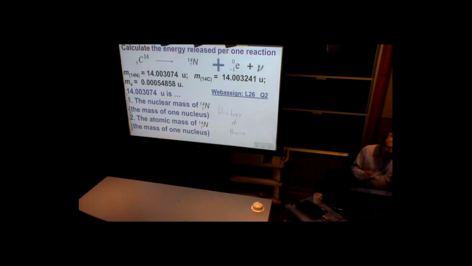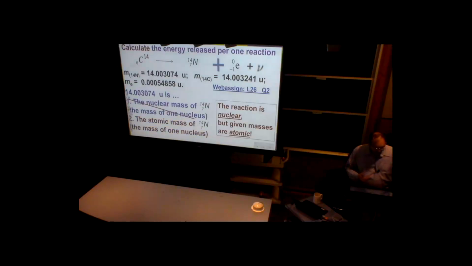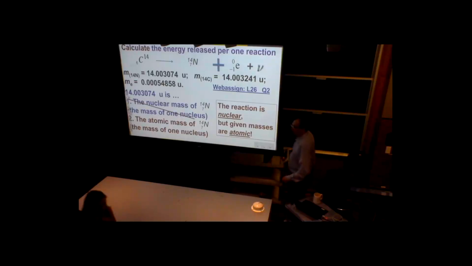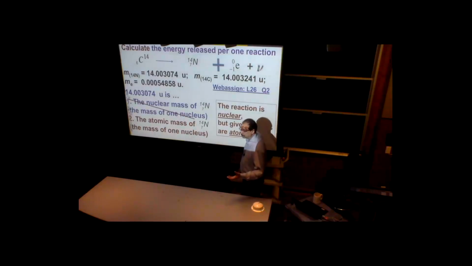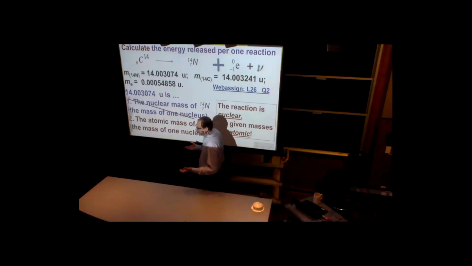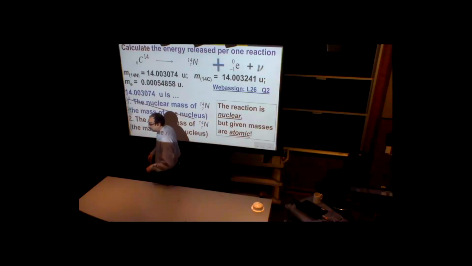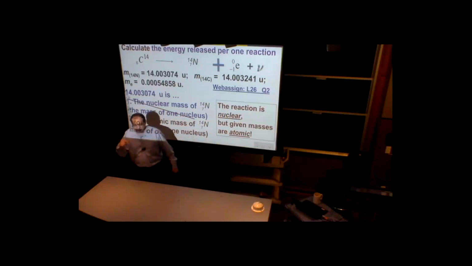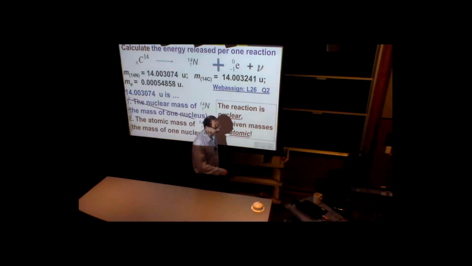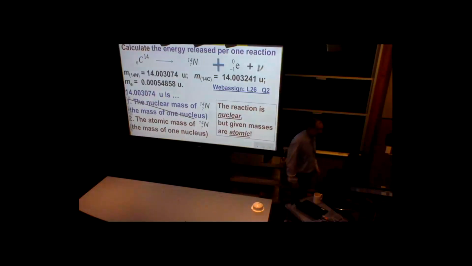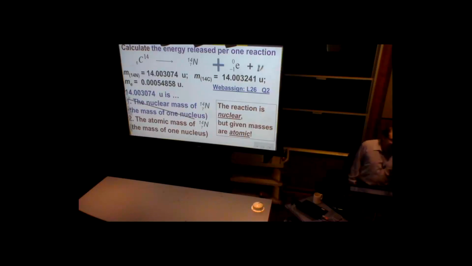However, the numbers which are presented to us are atomic. And the difference between a mass of an atom and the mass of a nucleus is equal to the mass of the electrons orbiting that nucleus. That's it. So this is something just to remember. We cannot change it. It's been a tradition for years.